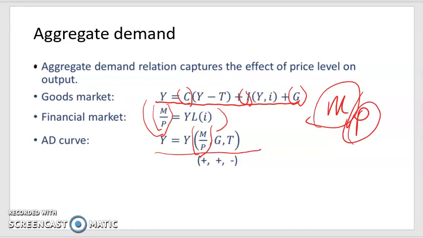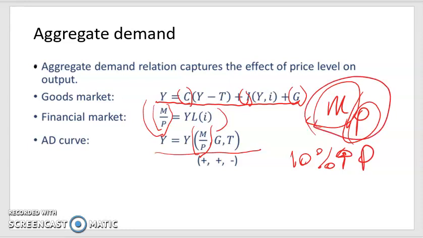It tells us that a 10% increase in price has the same effect on real money stock as a 10% decrease in nominal money.